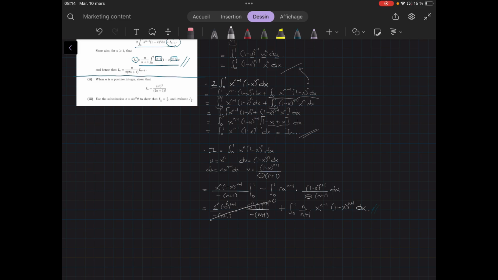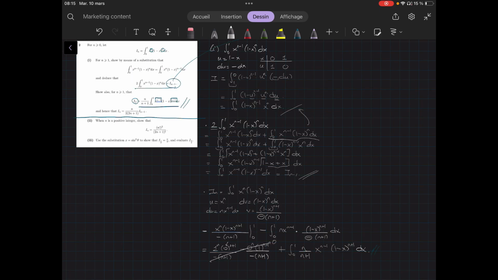For the last part of the question, we're then asked to derive this result. So, is there a way for us to do that? Look at what we have done so far. We can show that each integral up here is equal to a half of I n minus 1.